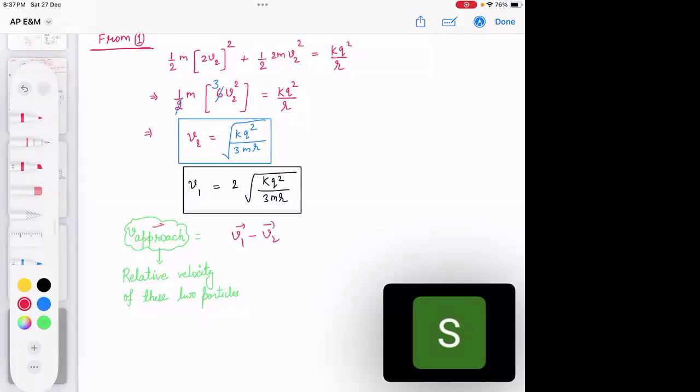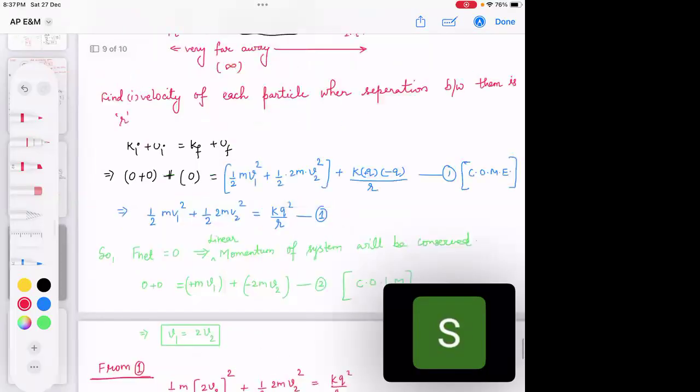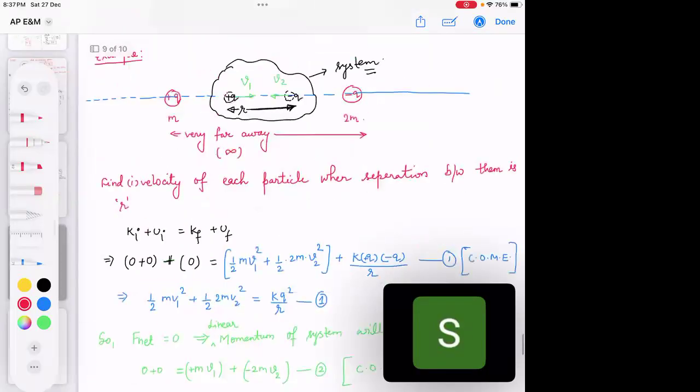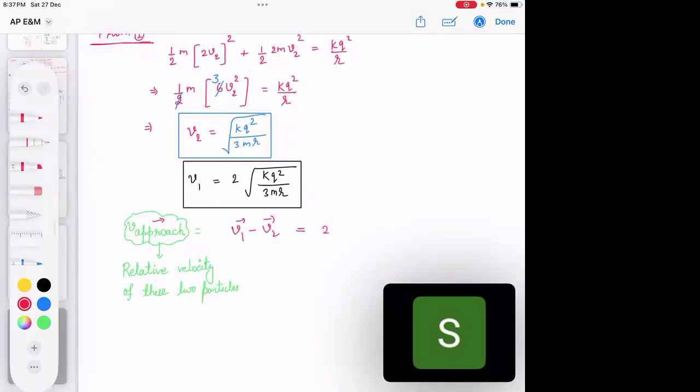V1 minus V2 vector. And look at the direction of V1 and V2. They are opposite to each other, isn't it? So when you put the values, what will you put? V1 value you will keep as 2 times the square root of kq square by 3mr. You have taken this as positive. So minus V2, what will you take then? Then V2 you will take as minus. How much is that?